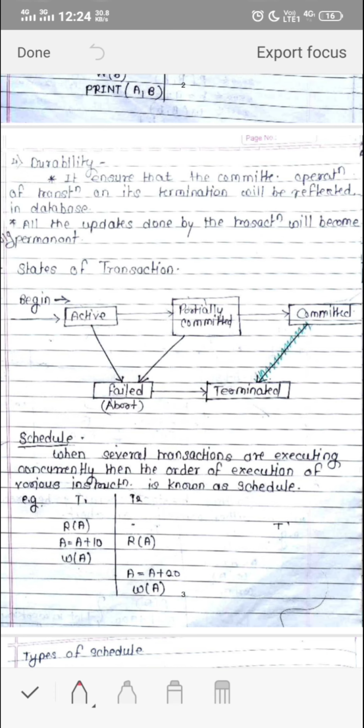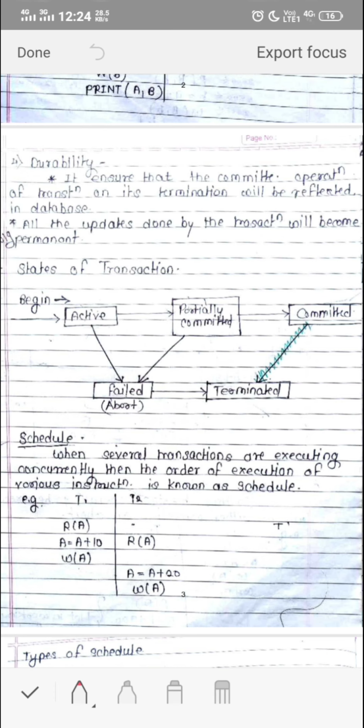The example I have given here is T1 and T2. T1 is reading the value of A, meaning reading the data value A. In a real life example, I am reading the value of the account from A, then I am crediting rupees 10.